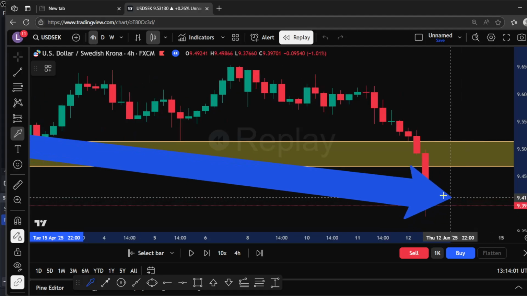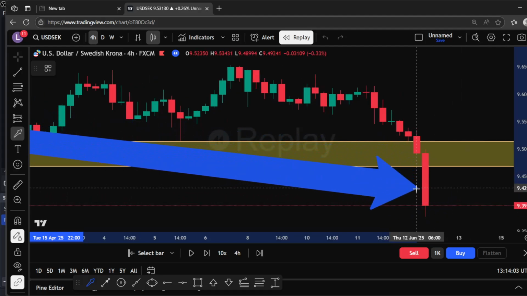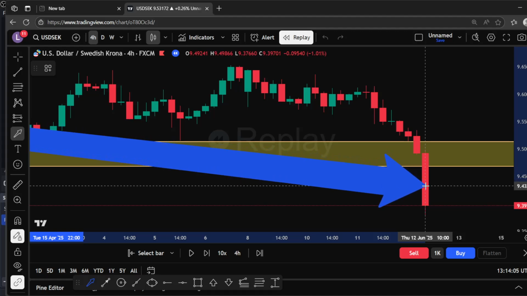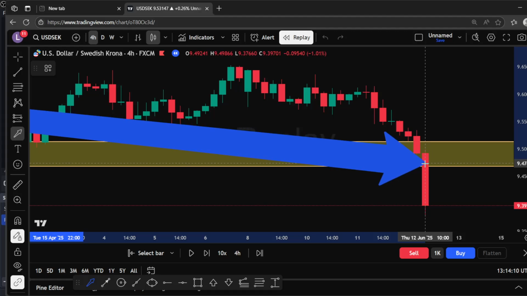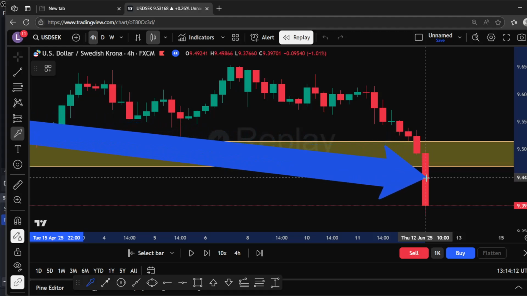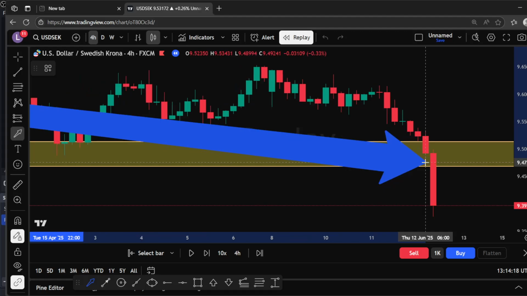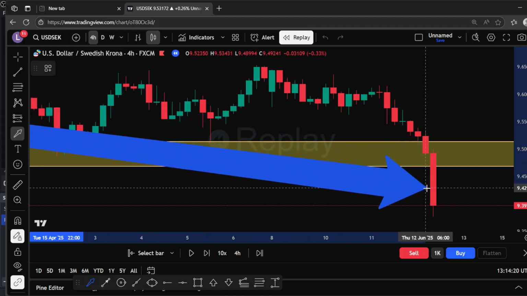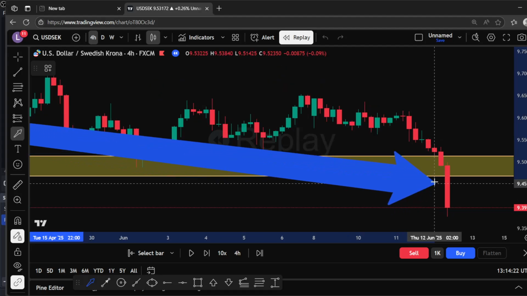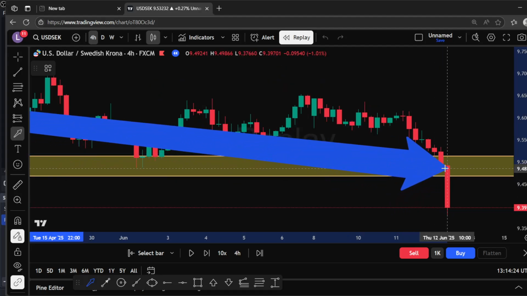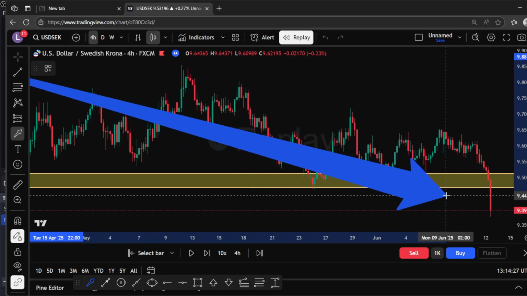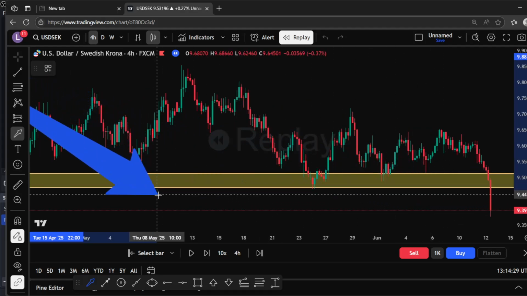If you were looking at this candle here on Thursday, the 12th of June, live, what would you have done? I'm sure most traders would have gone short after this big red candle closed. Most traders would have gone short because for 2 months we've not traded below this level.